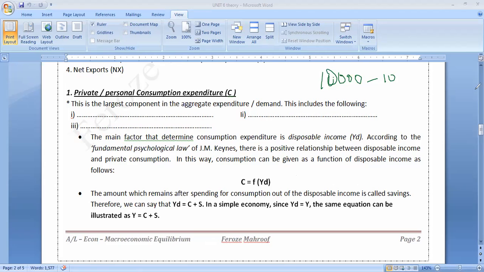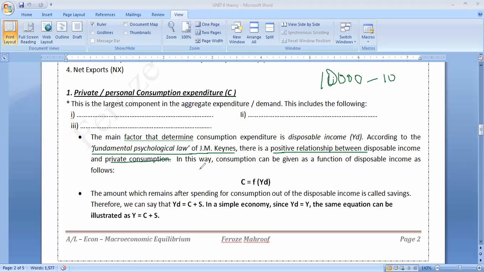So what is disposable income? The spendable income. See this, the main factor that determines consumption expenditure is disposable income. According to the fundamental psychological law of JMK, there is a positive relationship between disposable income and private consumption.